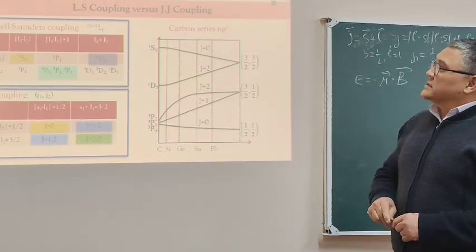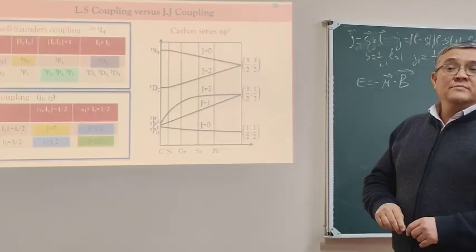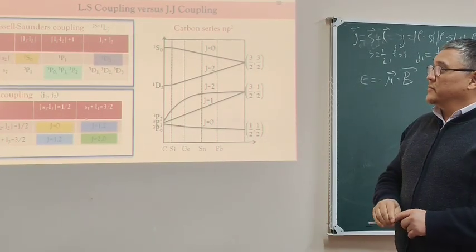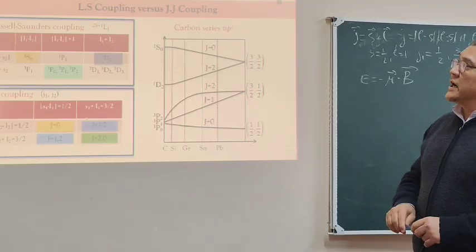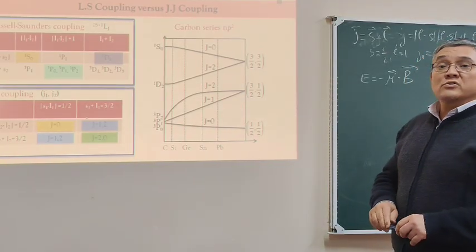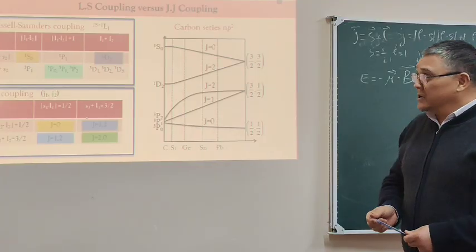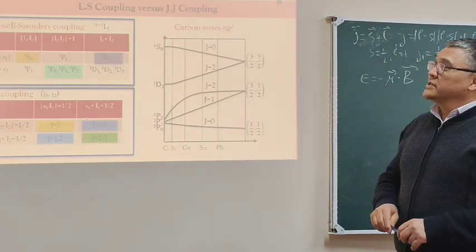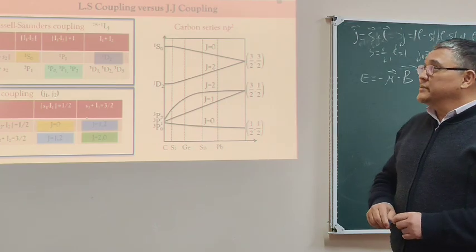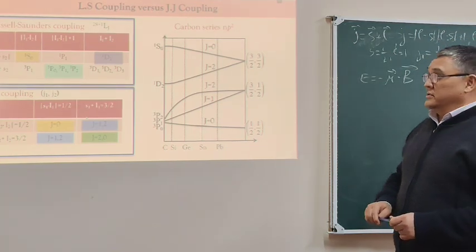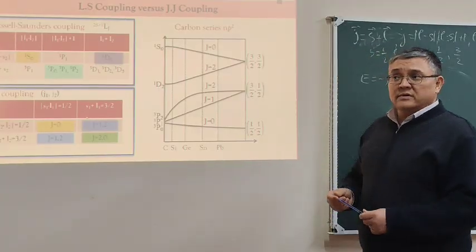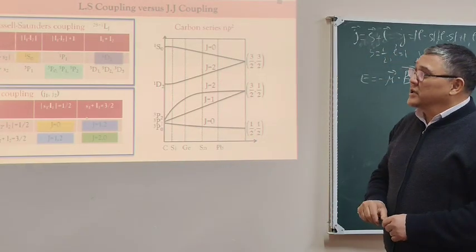Now we have different atoms here. For example, some atoms are heavy, some atoms are light. In the case of light atoms, we will have Russell-Saunders coupling. Russell-Saunders coupling corresponds to the case when we have electron-electron interaction much larger than spin-orbit interaction. So this will be valid only for light atoms.